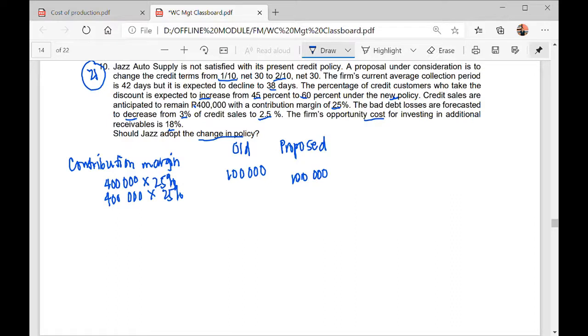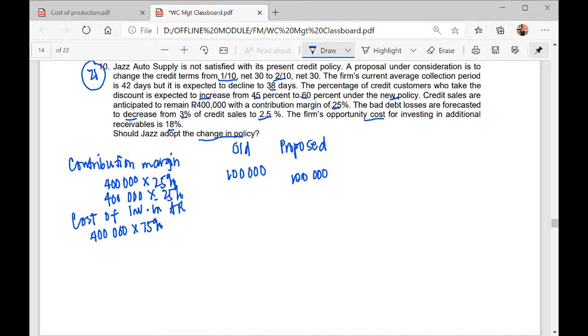Next is we get the investment in AR. We get the cost of investment in AR. So, how do we get the cost of investment in AR? We take the sales and multiply it by the variable cost ratio, which is 75%.